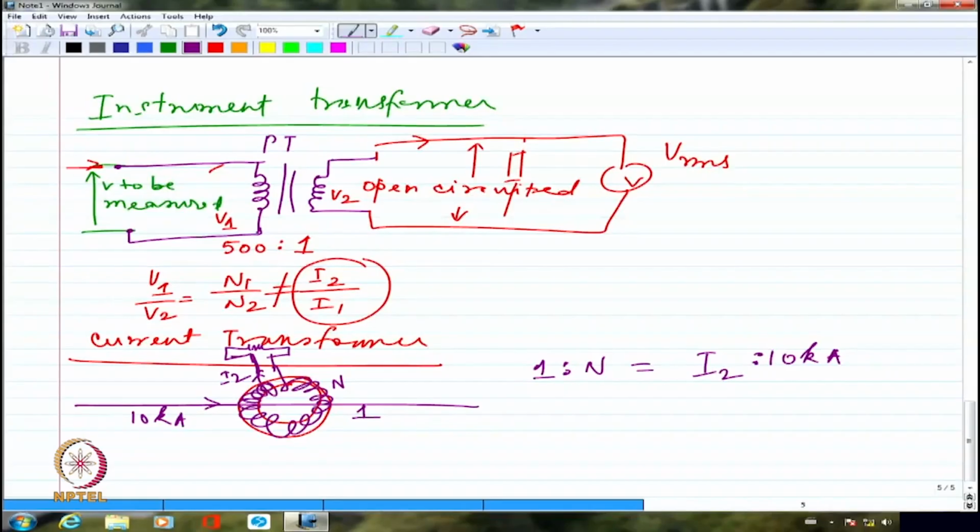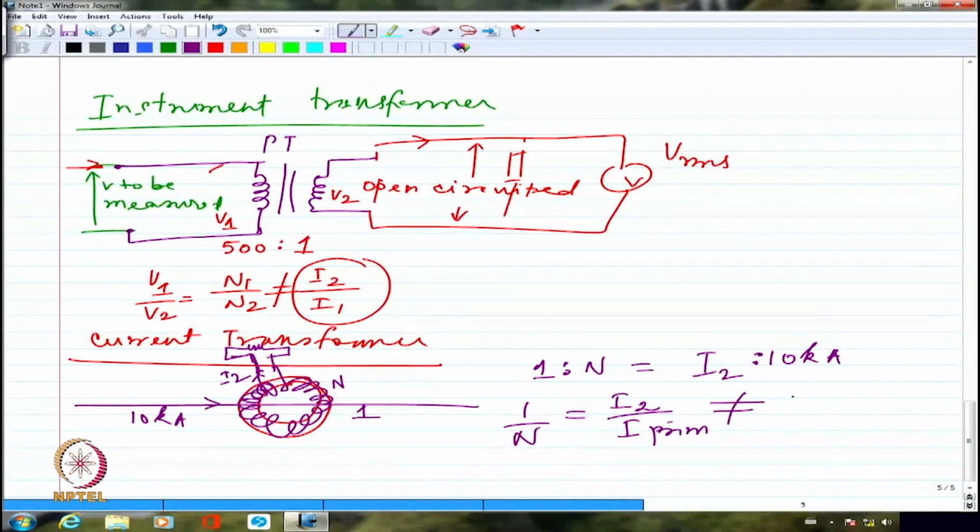So I'm going to have 1 by N equal to I2 by I1, or I primary. But that is not equal to V1 by V2, because I'm going to literally short circuit the secondary.